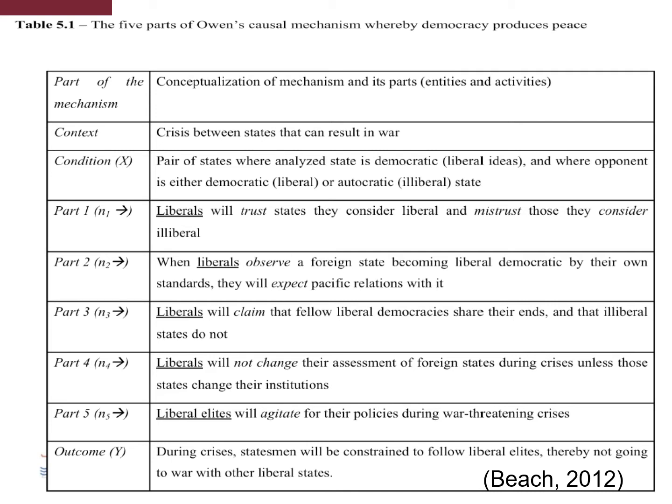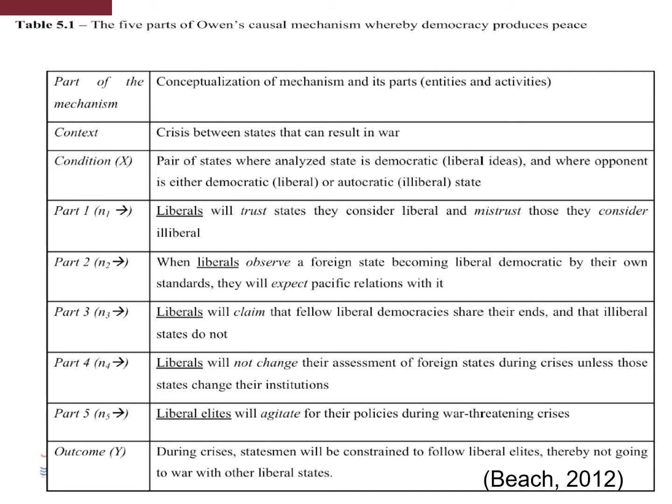And then it has these parts, and each part is, liberals will trust states that are liberal and mistrust those they consider illiberal, right? That's one part. And then the next part in the link is when liberals observe a foreign state becoming liberal democratic by their own standards, they will expect specific relations with it. Liberals will claim that fellow liberal democracies share their ends and that illiberal states don't.